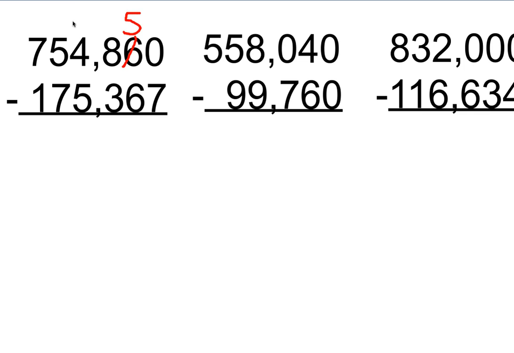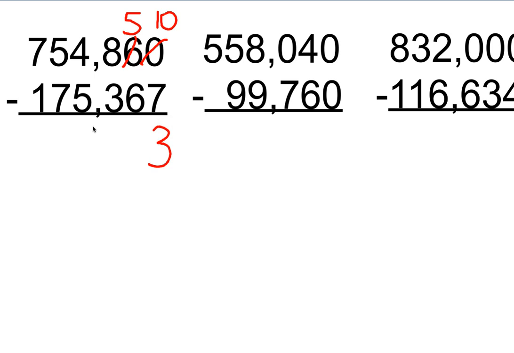Now I have 5 tens. However, that 1 ten that I took, I'm going to regroup it as 10 ones. That's why I'm going to add 10 to 0. 10 plus 0 is 10. Now I do have enough ones to take 7 ones away. 10 take away 7 is 3.